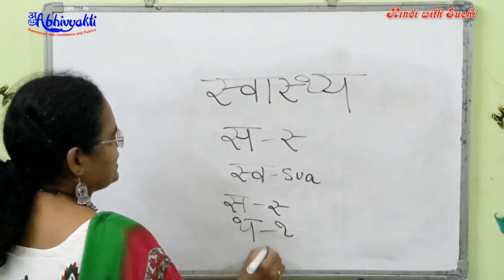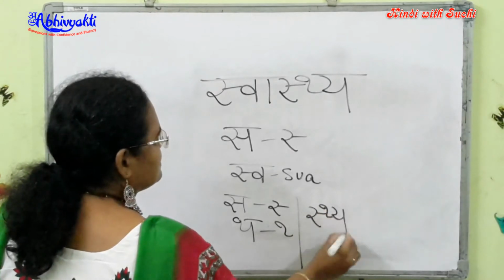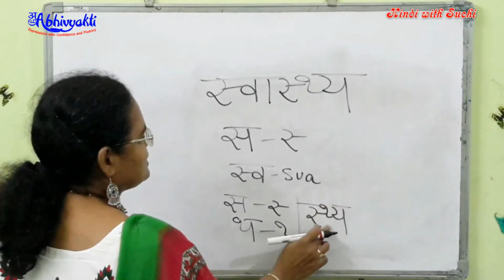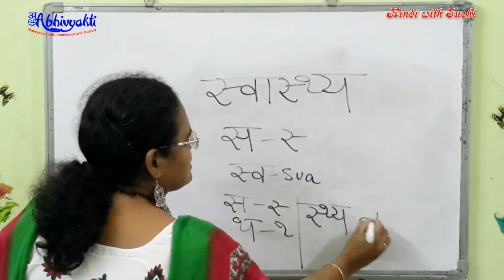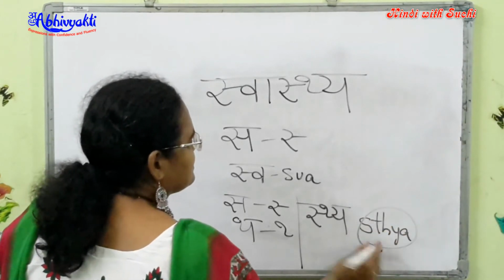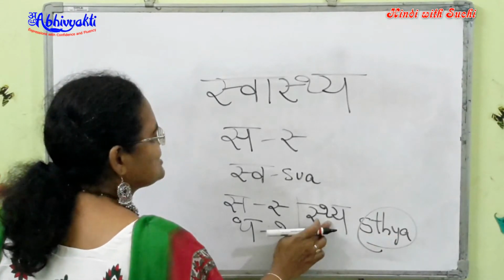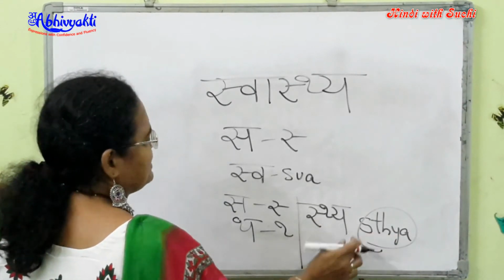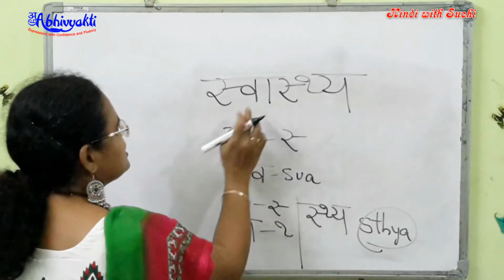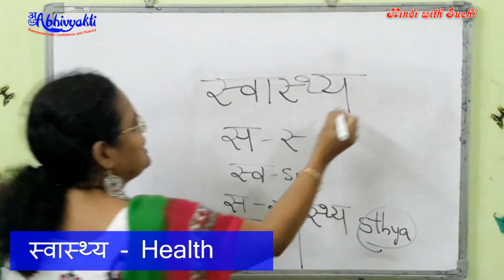So these two are joining here. So this is sa tha ya. So sa tha and ya, all the three together. So sthya. Again this is aspirated, so don't forget to aspirate. Swasthya, meaning health.